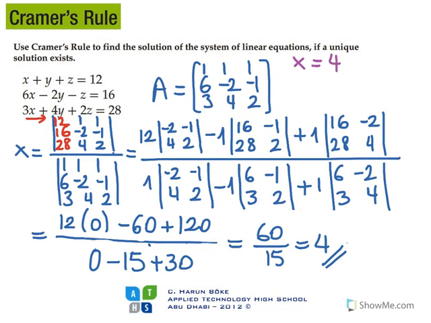By the way, the determinant of A is, let's write that too, because we don't need to calculate this all the time, it is 15. We'll keep this in mind too. Now let's calculate y.